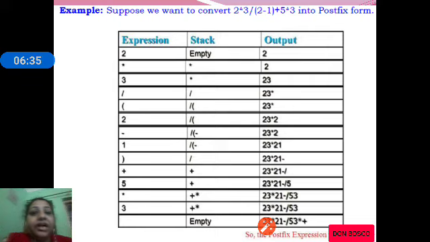Then again when we pop from the stack, we get plus, and plus is placed onto the postfix expression. Therefore, the result will be 2 3 * 2 1 - / 5 3 * +. This is the final output postfix expression which we get after conversion of the infix expression.